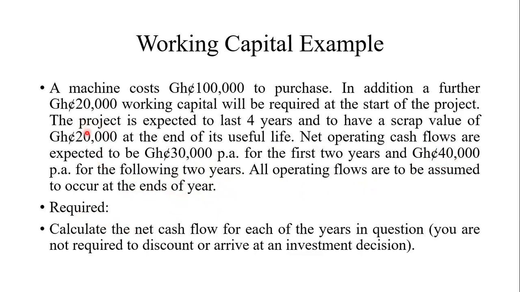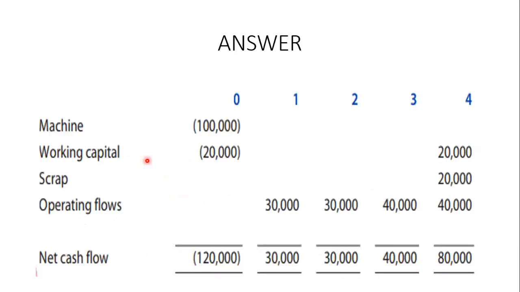Emphasis on working capital. How do we handle the working capital? All right. Now remember that working capital requirement, as we discussed in our previous lecture, is a cash outflow when you start the investment.